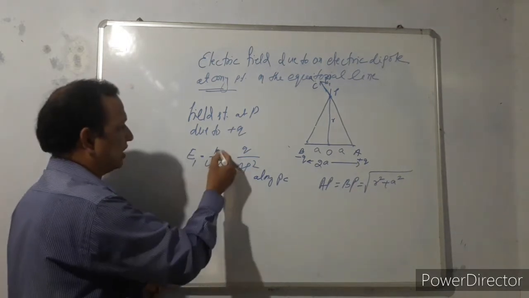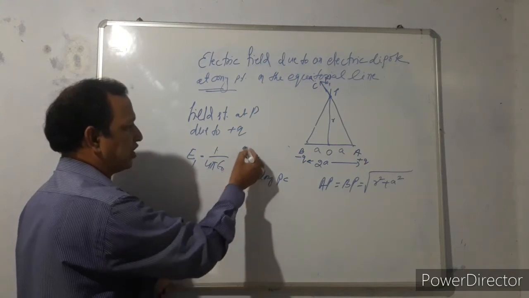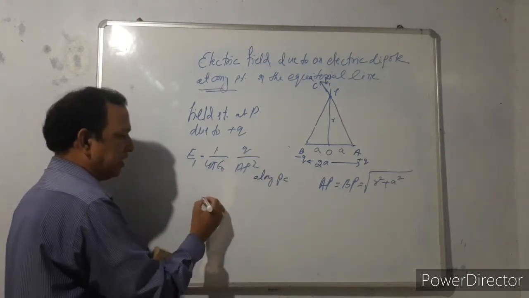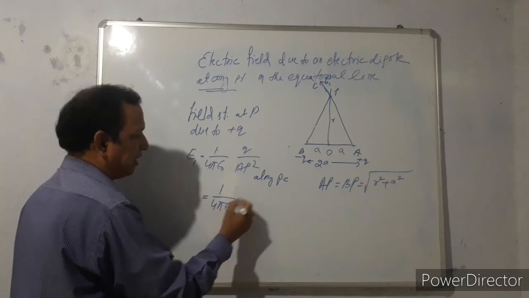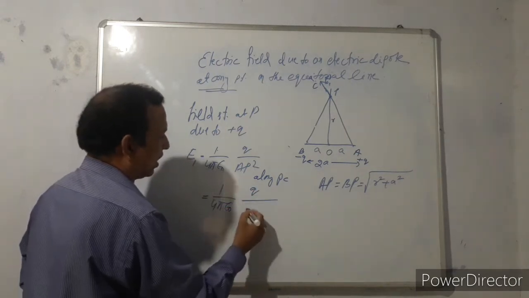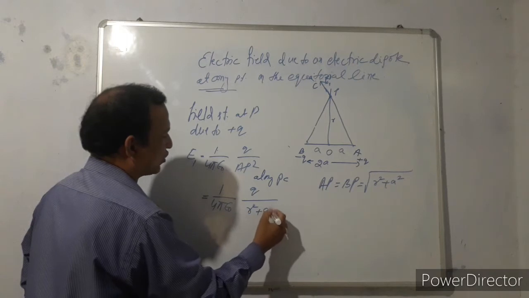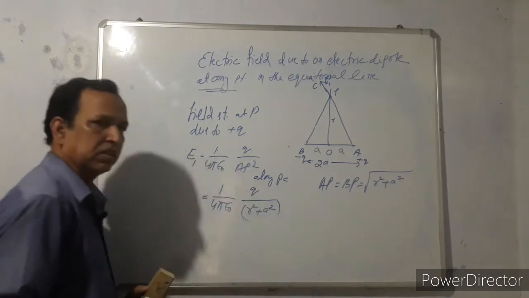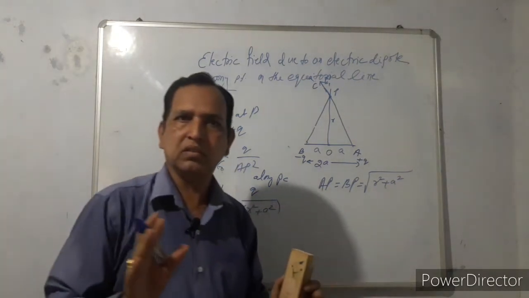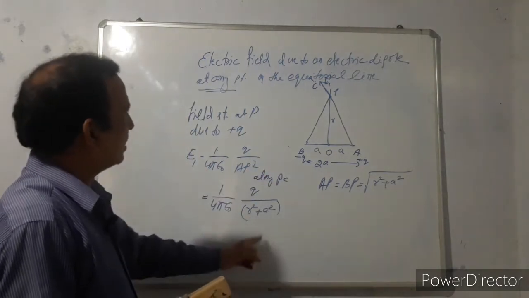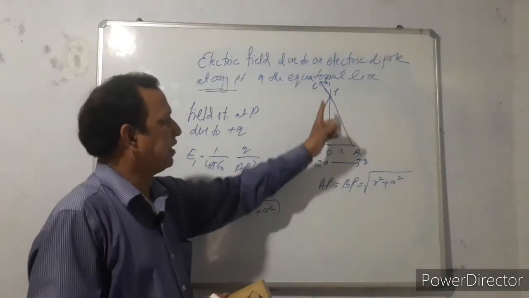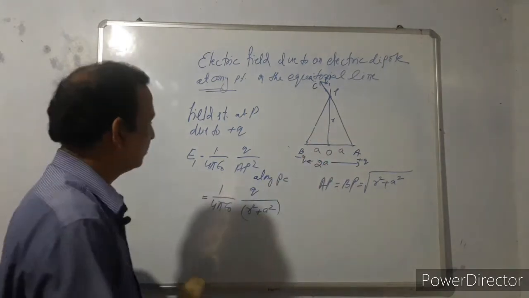So E1 is equal to 1 by 4 pi epsilon naught Q by AP square, which equals 1 by 4 pi epsilon naught Q by R square plus A square, along PC. Clear?